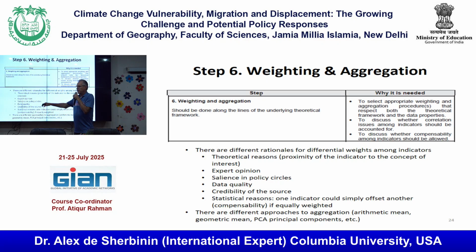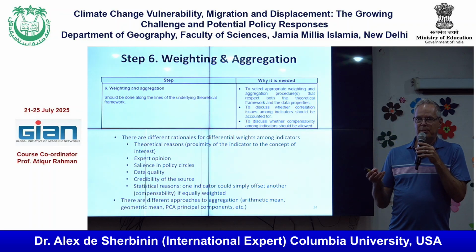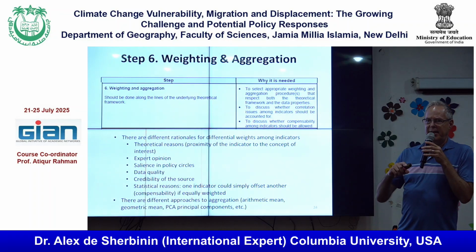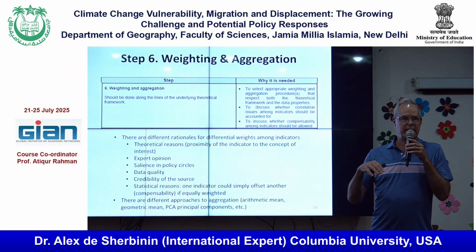Expert opinion, that's why we convene those expert groups. You would have a group get together and say some things are more important than others, and you rely on that expert opinion. Salience in policy circles. I mentioned yesterday how some things are on the political agenda much more than others, so you might want to weight those more heavily. For many years, we did not break out climate change as a separate component of the EPI.